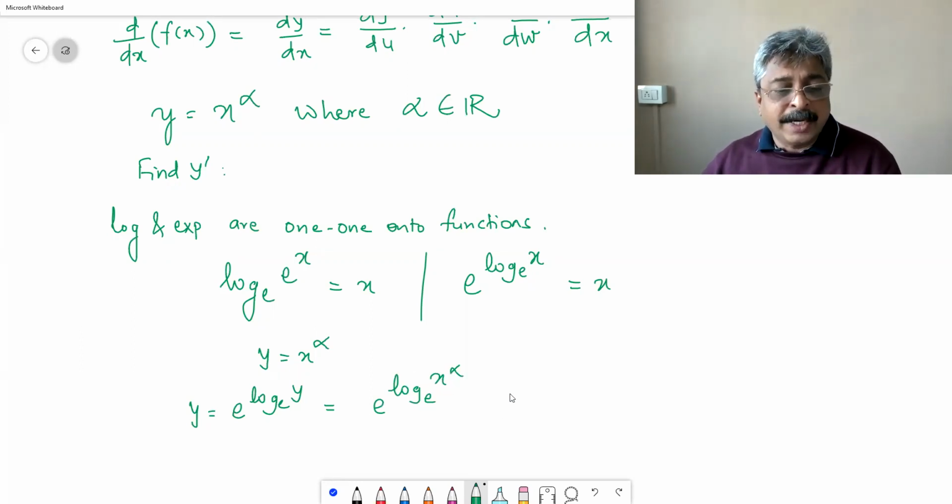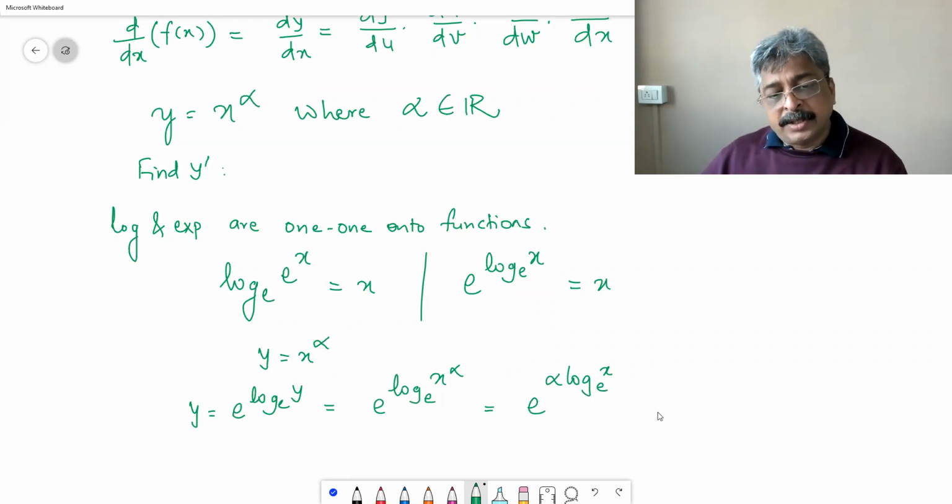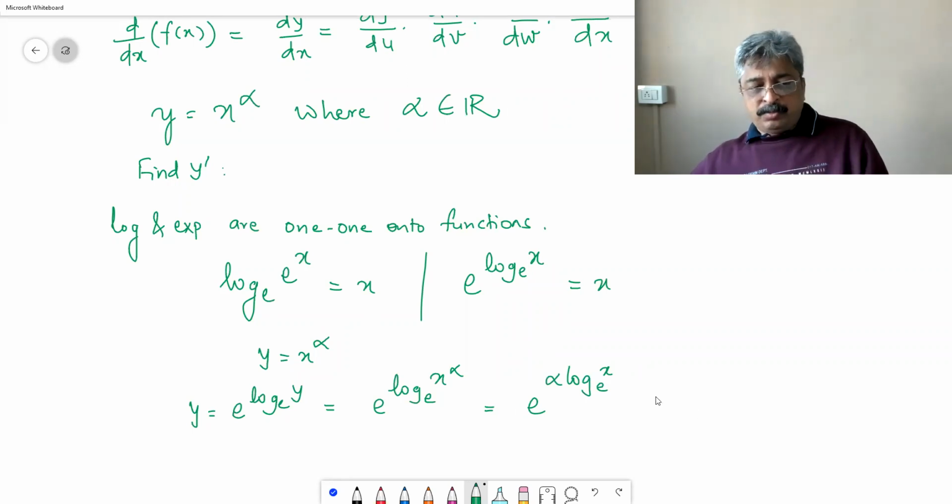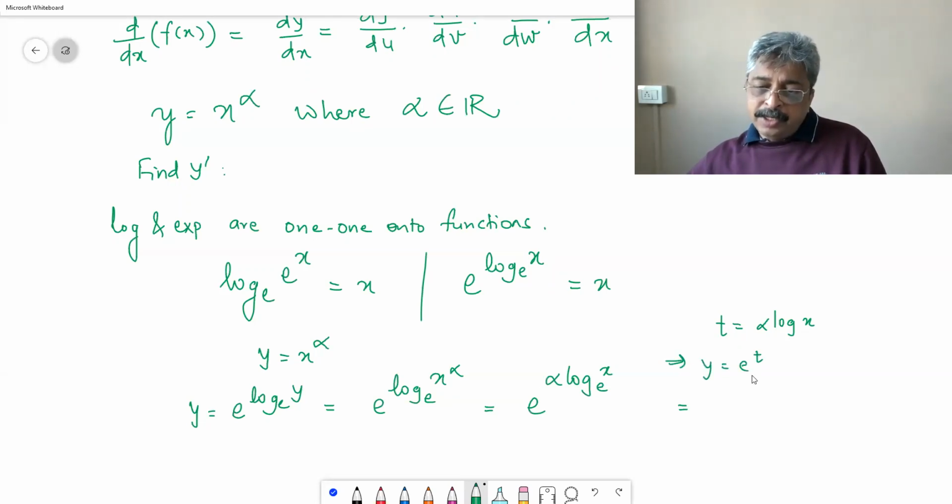But then if you look at this power, it will be e raised to alpha log x to the base e. Okay, right? And then this is our composition function: let t is equal to alpha log x. Therefore y is equal to e raised to t and t is equal to alpha log x.